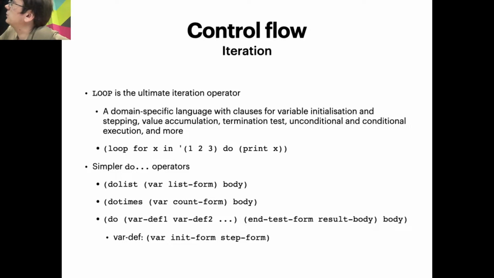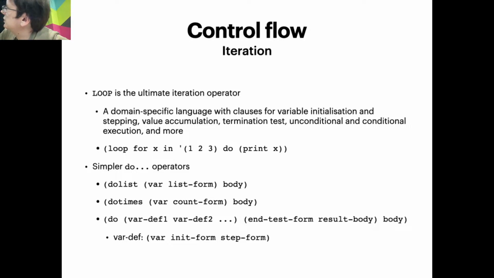So for example, here we have loop for x in this list, then do, and then we print value. In this particular example of loop, x is the iteration variable. It goes over this list of 1, 2, 3. So first x would be 1, then it would be 2, and so on.